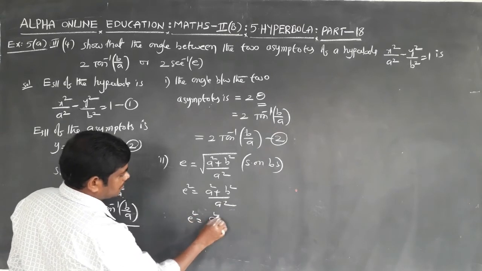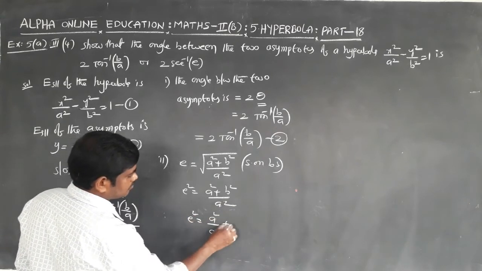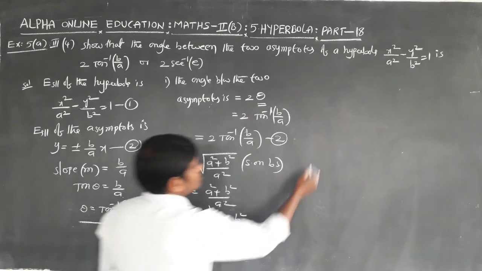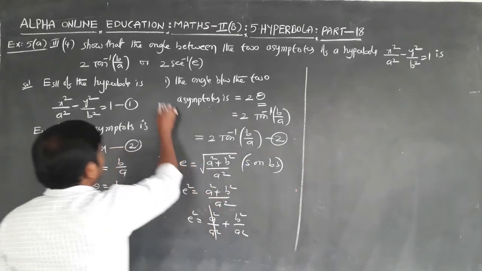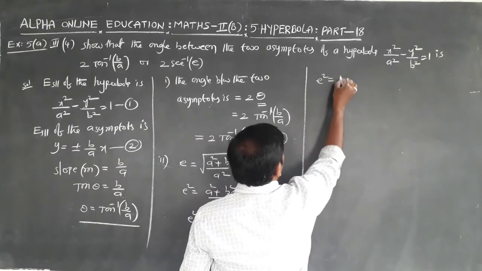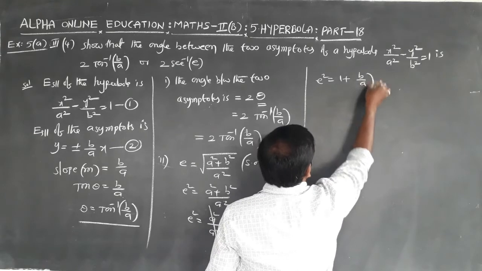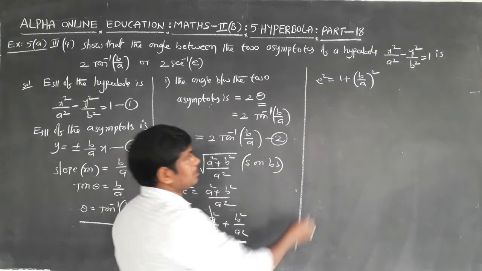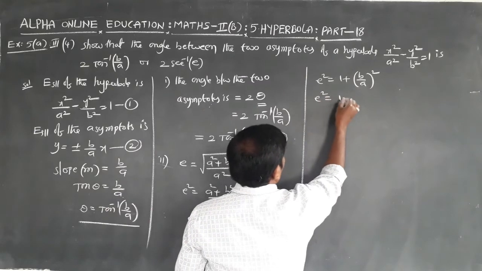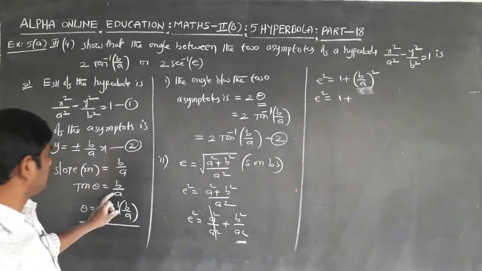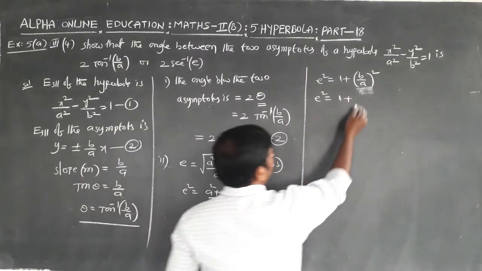Dividing with a square, the a square gets cancelled. E square equal to 1 plus b square by a square, which is 1 plus b by a whole square.